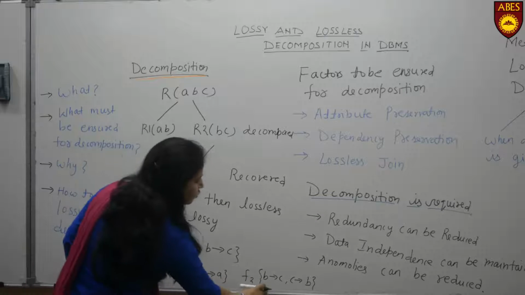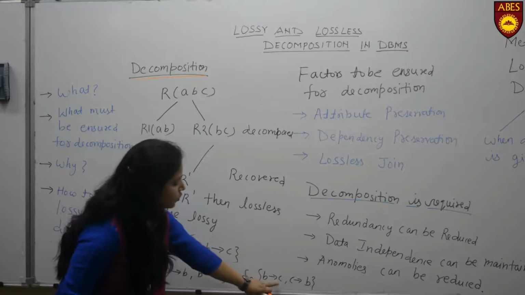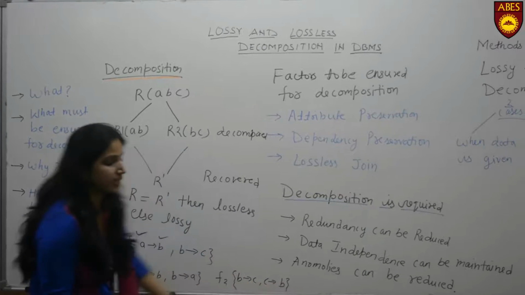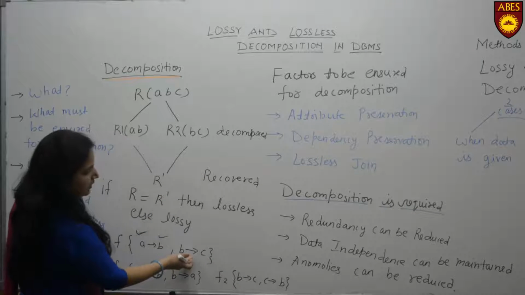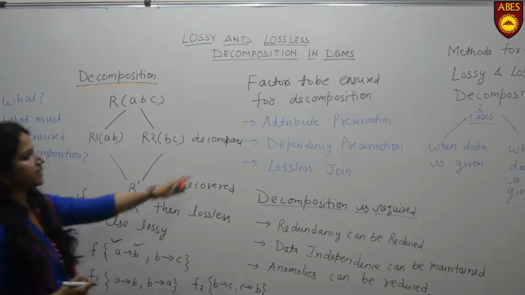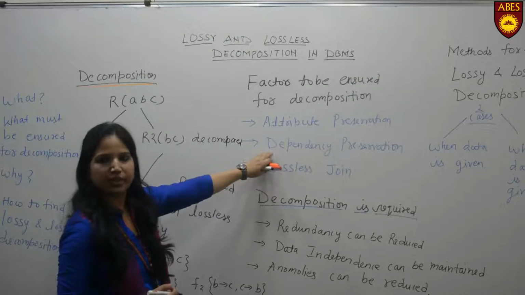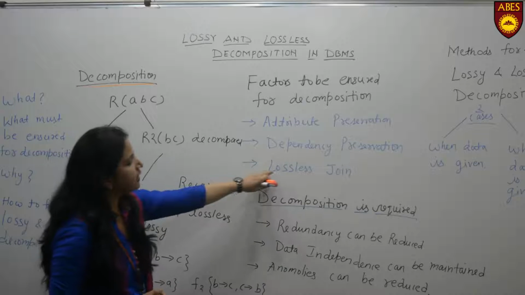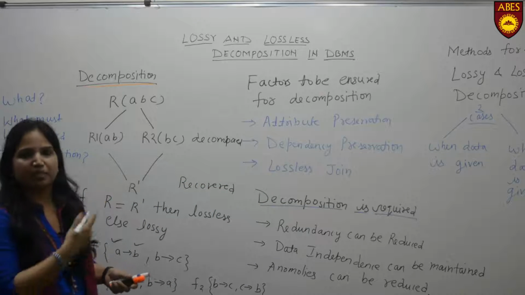In case of F2, the functional dependencies of R2 are: B tends to C, C tends to B. In this case also, we are preserving the original functional dependency B tends to C of the original relation R. So this is the second parameter or factor that we must ensure while doing decomposition. The third one is lossless and lossy decomposition that we will discuss in the coming example.